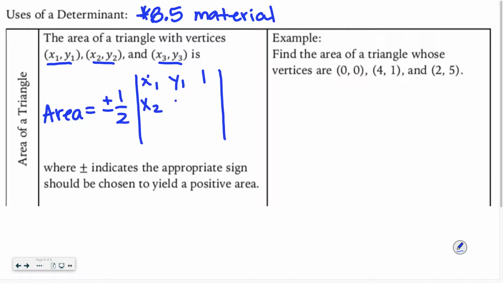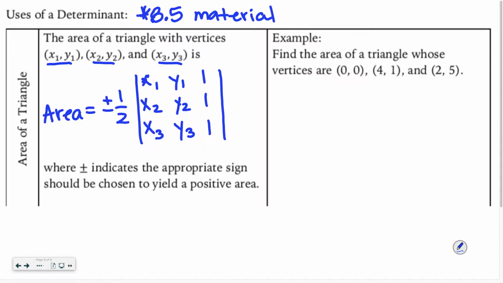The second coordinate xy and then a 1 in the 3rd column. The 3rd coordinate xy and then a 1 in the 3rd column. Okay. Instead of 1/2 base times height, we can take our 3 coordinates and throw them in this determinant and multiply them by plus or minus 1/2.